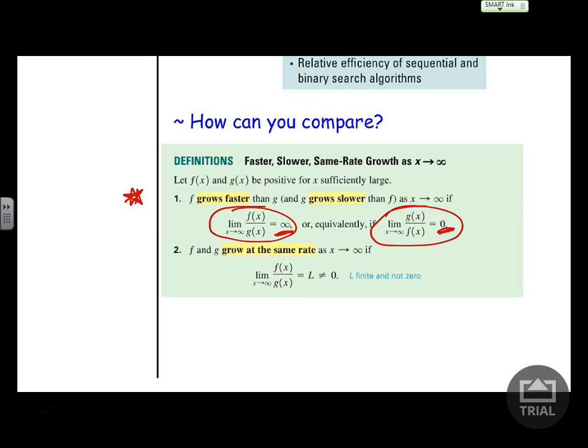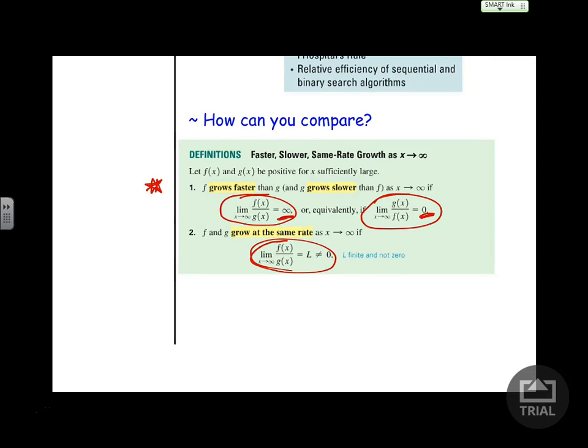For number 2, we have grows at the same rate, and this one is a little bit weird. The book calls it a little bit counterintuitive, and here's the reason why. If I was to give you, for instance, the limit as n goes to infinity of 3n plus 1 all over 2 minus n, what's the limit?